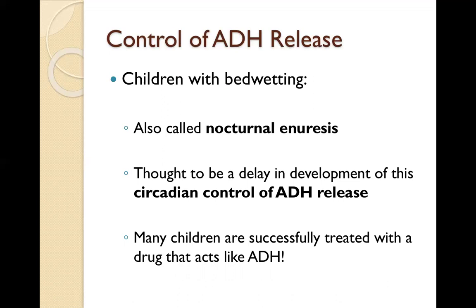As this circadian rhythm matures, the bedwetting goes down. And a lot of children are successfully treated with a drug that acts exactly like antidiuretic hormone, so that they're producing less urine at night.